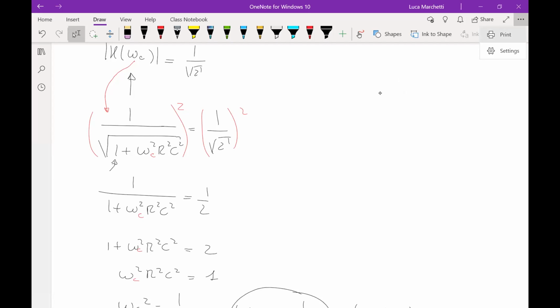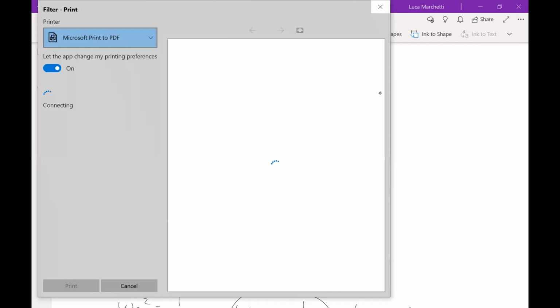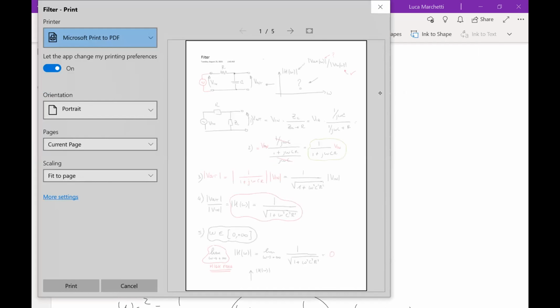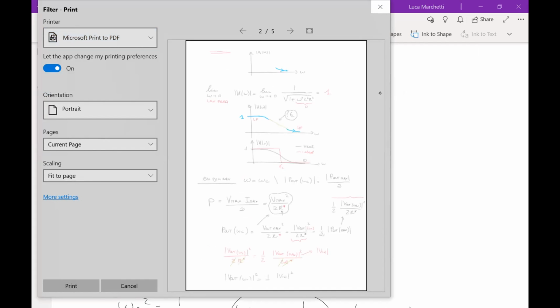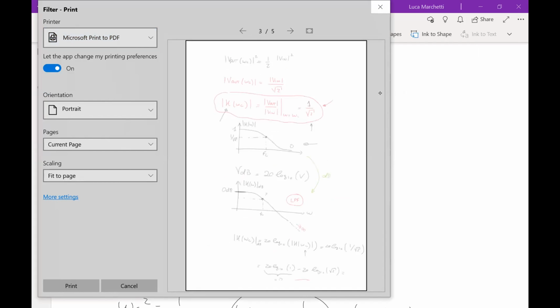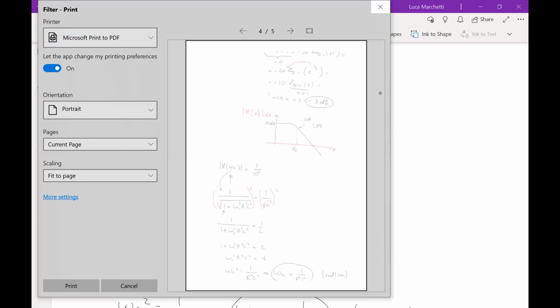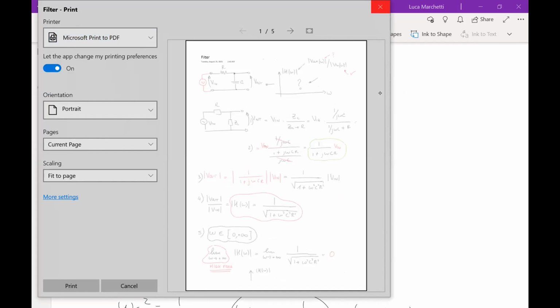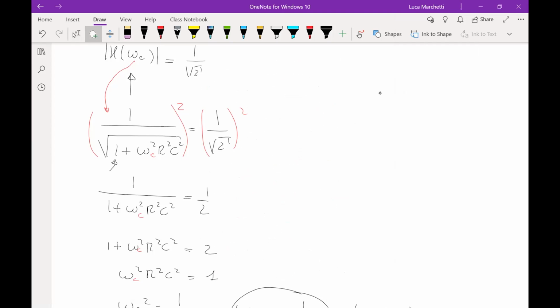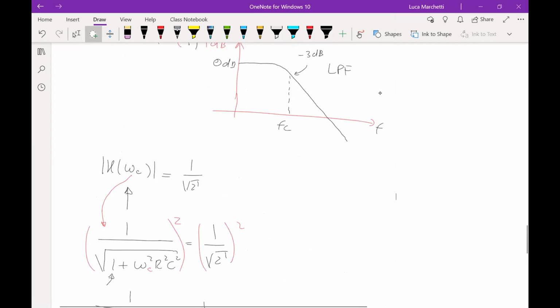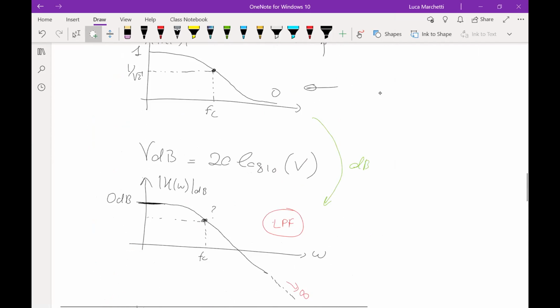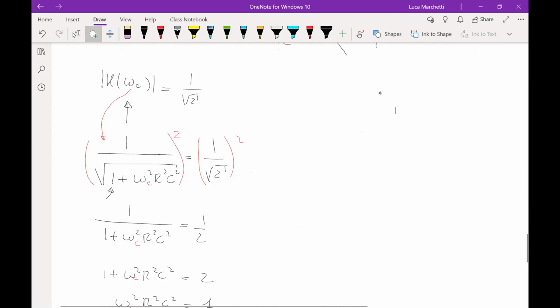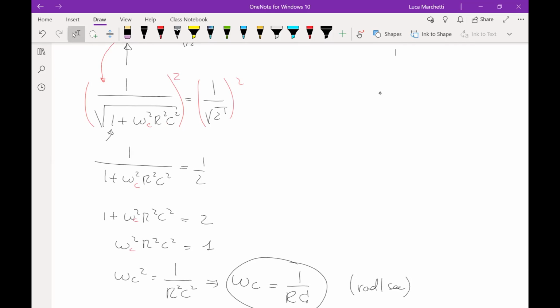I can print these things to PDF, but then for some ugly reason, at the bottom of the page, the formulas are cut. So I think it's very ugly this way. I hate this OneNote for this reason, because when I write, I'm not able to figure out where the page actually stops. Maybe there is some setting. Before I had another version of OneNote where it was possible to set the margin, but still the problem is the same.